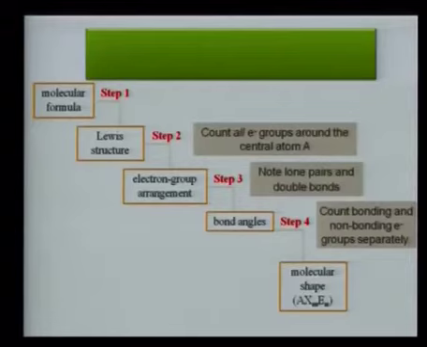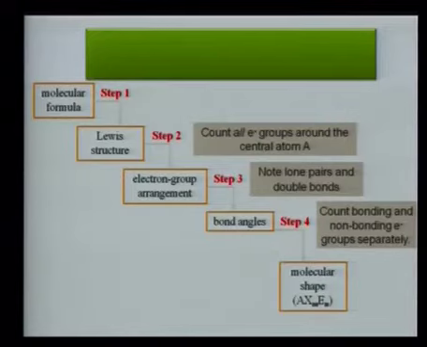Now similarly we move to the other case, sp3d. In case of sp3d, different possibilities are there. Now you can say 1 lone pair and 4 bond pairs. This is the case in SF4. In case of SF4, the hybridization is sp3d, but it has a lone pair of electrons.